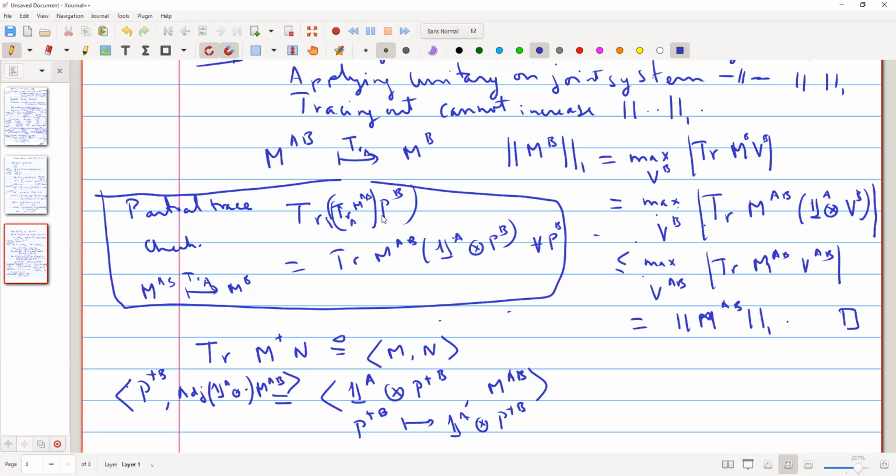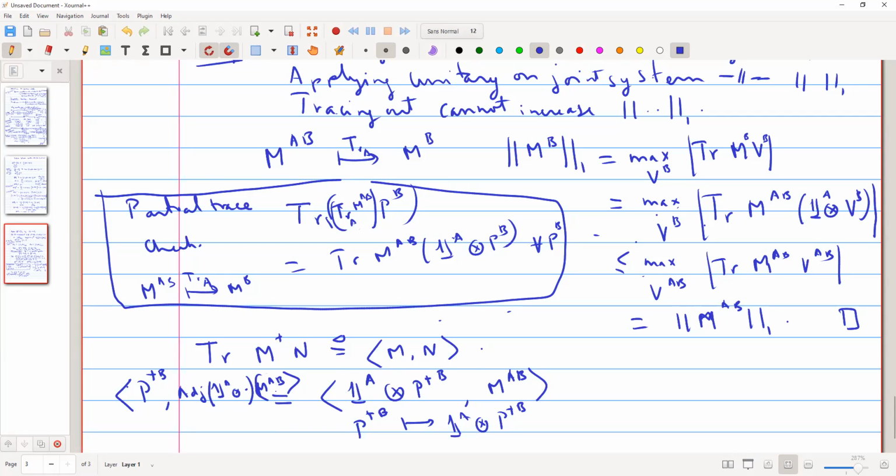You can write the map explicitly, but it's IA tensor IB. No, I'm not talking about the adjoint map, which is the partial trace.